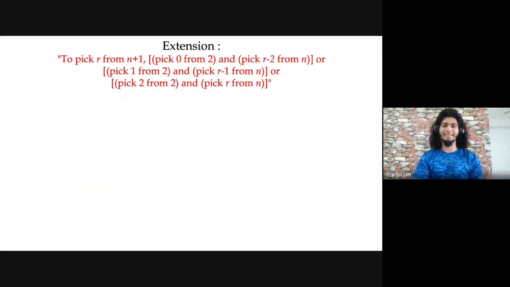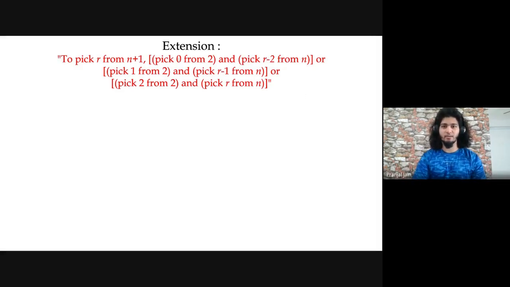But if I take it a step further, what if I put 2 on the left and n on the right, and I want to pick r from this. So either I can pick none from the left and all from the right, or I can pick one from the left and the rest from the right, or I can pick two from the left and the rest from the right. So I think there's a typo over here.